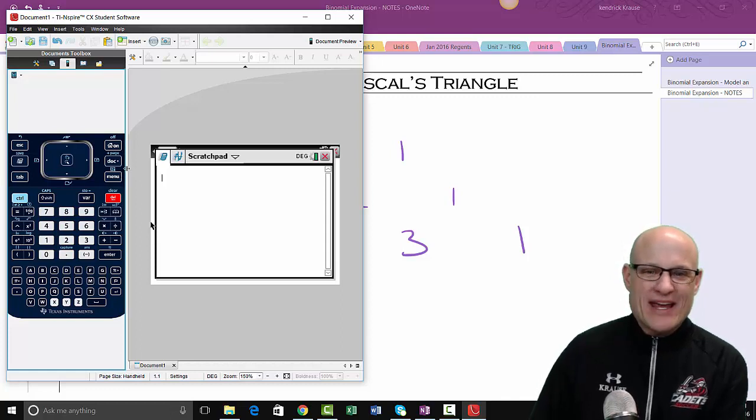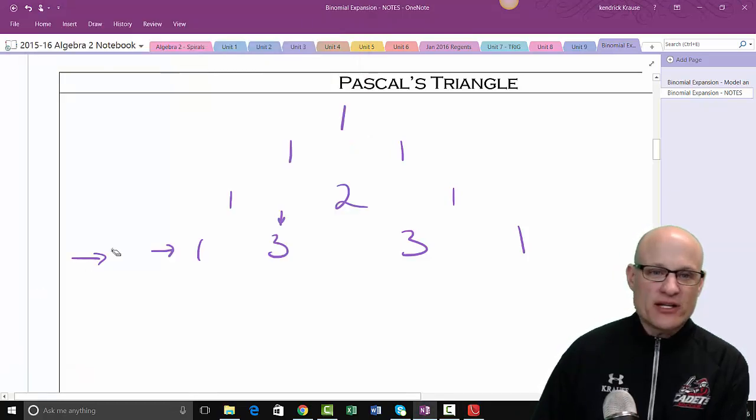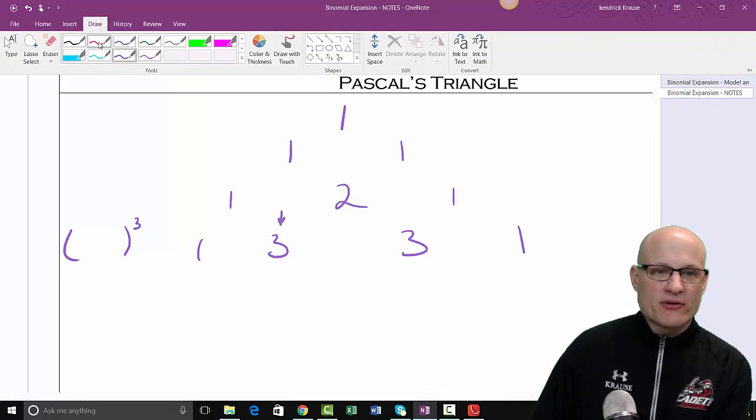How many different ways can I choose 3 things? Since the exponent of this row is cubed, we're going to use combinations to figure out how to do it.